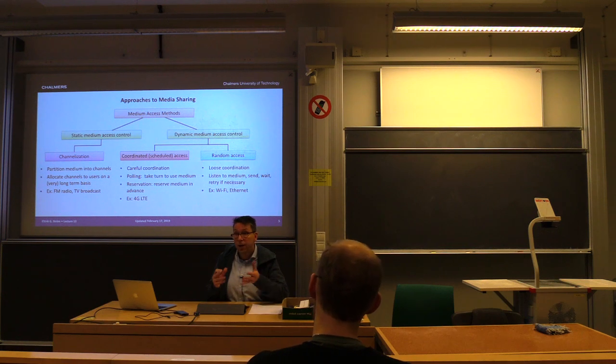And if things are not going well, we transmit the data once more, or the third time, or whatever, right? So it's a more loose coordination here, I would say. And examples where this is used is in Wi-Fi, for instance, or on Ethernet, classical Ethernet. So we'll see more about exactly how this is done, right?